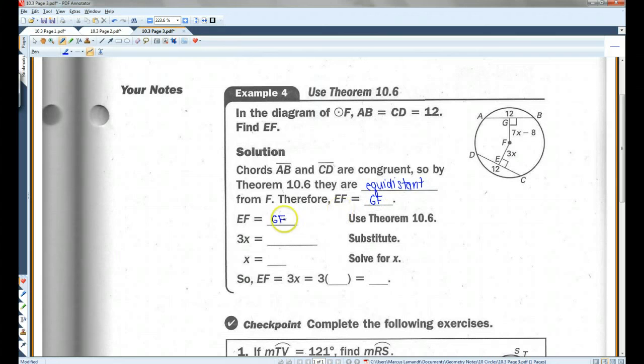EF equals GF, so 3x equals 7x minus 8. I'm going to add a few steps. Let's subtract 7x from both sides. So I'm going to get negative 4x equals negative 8. Divide by negative 4. X equals 2. So EF equals 3x, or 3 times 2, which is 6.